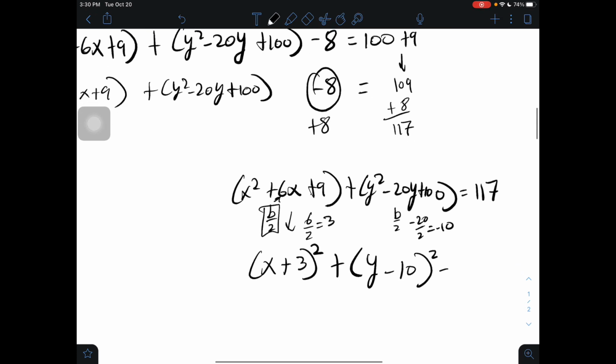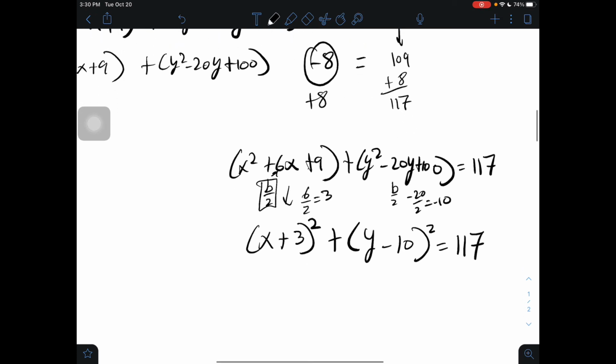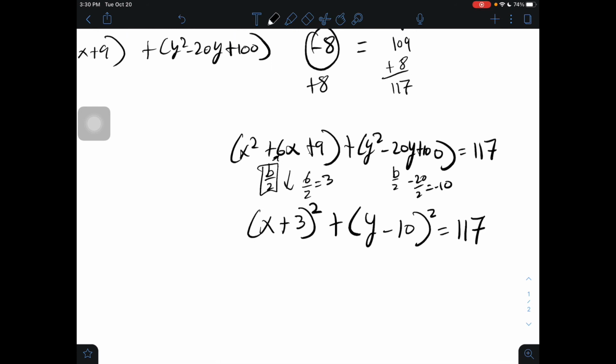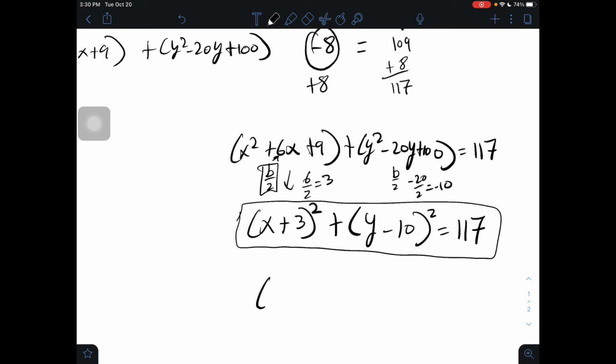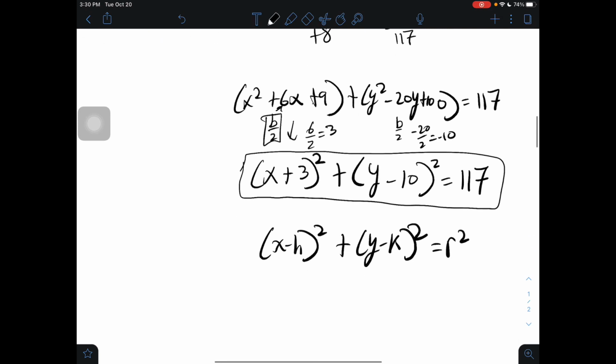Now, that's all going to still equal 117. Now we have successfully put our equation from general to the standard form of a circle, which was x minus h squared plus y minus k squared equals our radius squared.